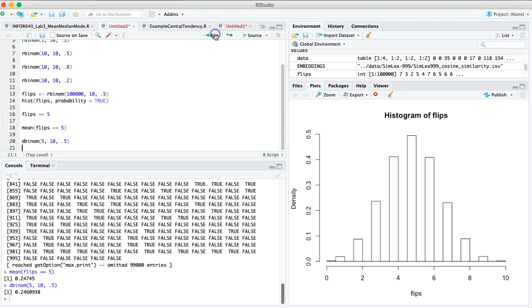So if we go ahead and run this, we get something slightly lower than what we got the first time. So what's going on here? The first time that we ran this, we were running this on 100,000 coins.